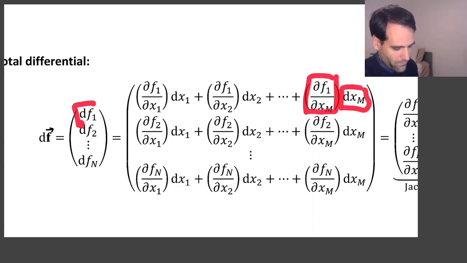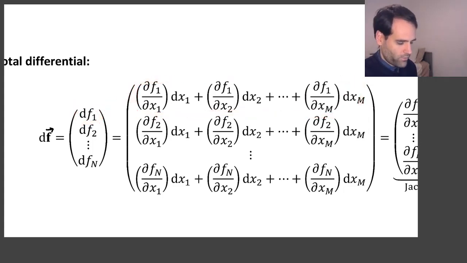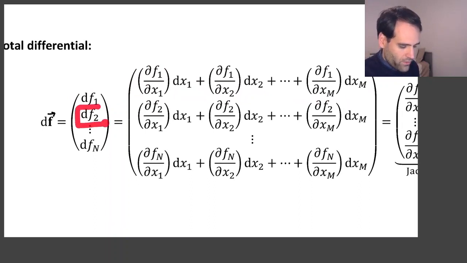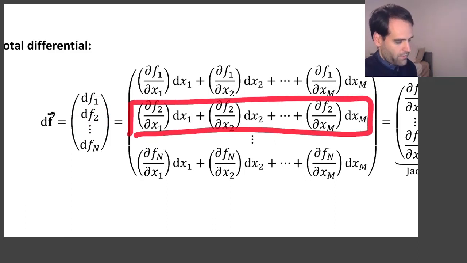So that is for df1. So we substitute this into this, which is a single number, okay, or function. Next, we do the same with the total differential of f2, the second component of f. And this will give us this second function.